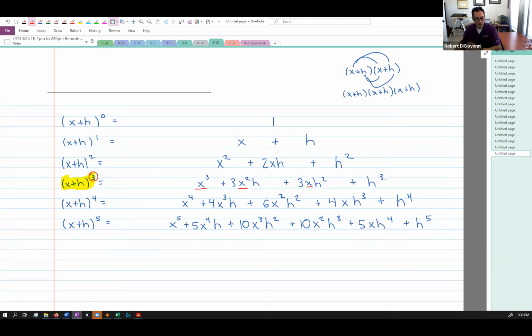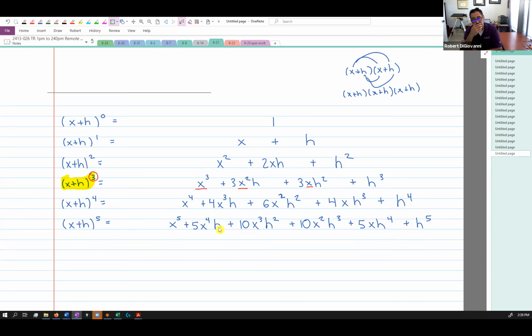Does it do that in all of these? To the fourth: x to the fourth, x cubed, x squared, x, gone. To the fifth: x to the fifth, x to the fourth, x to the third, x squared, x, gone. So the pattern is that as you move from left to right, the x's start out with the power and then they vanish away, one power at a time.